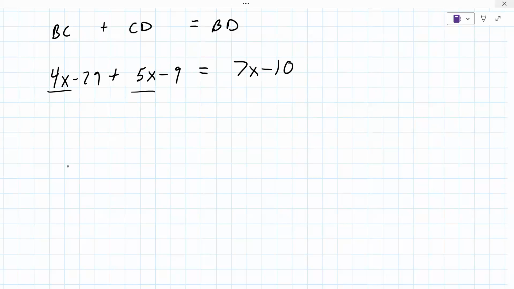You add them? Yes. What do they add up to? 9x. Yeah. And then how about the other like terms here? Minus 29, minus 9. It's 20. Nope, try again. It's 38. Minus 38, yeah.